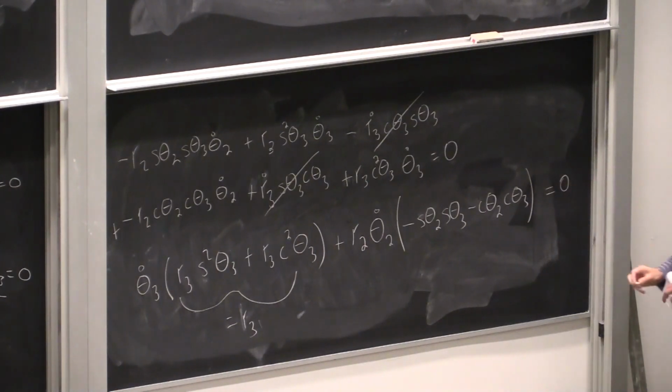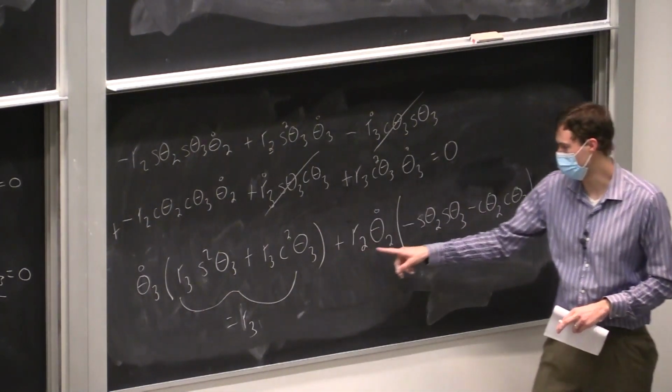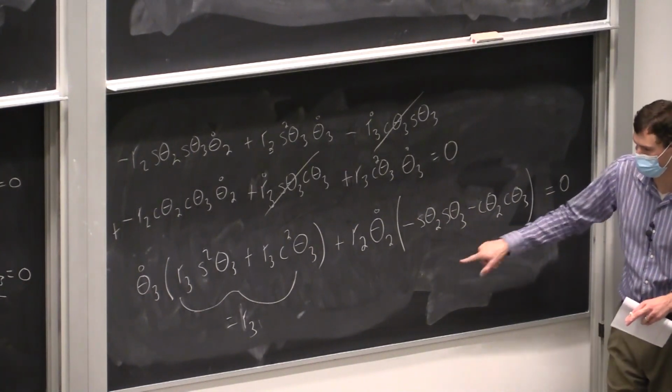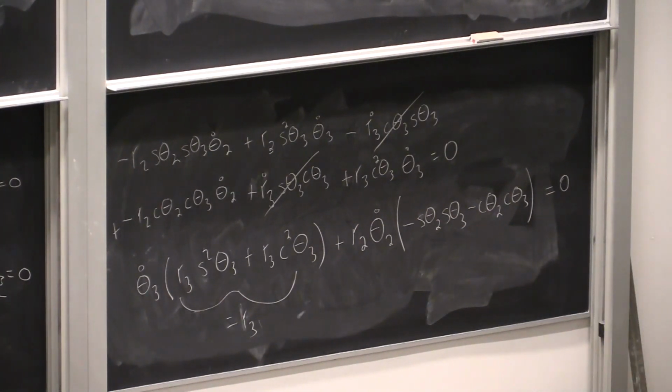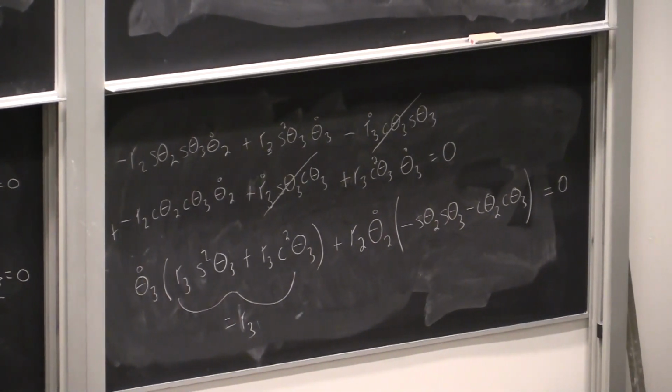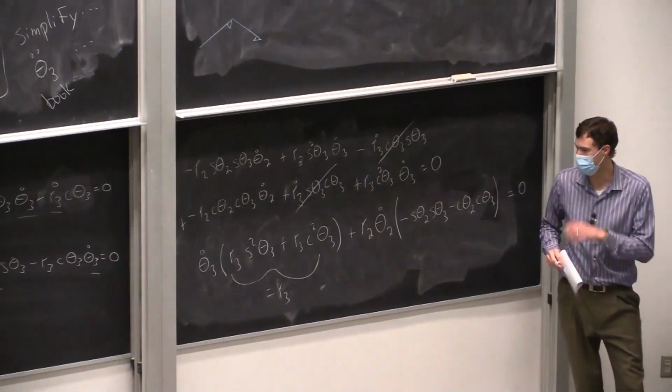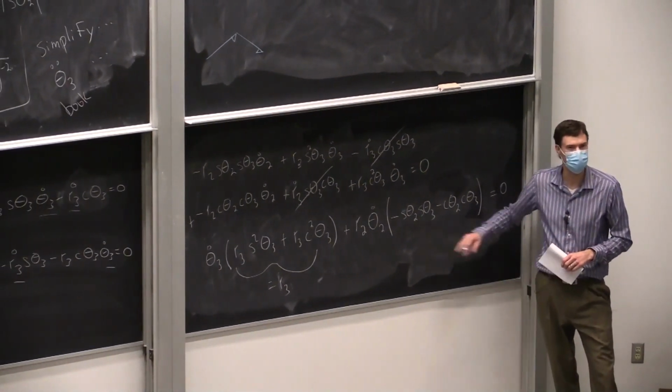And I think that's everything. Okay, so theta 3 dot will just be negative this term divided by R3, right? Just solving for theta 3 dot. My board's out of space, so I'll just leave it for you. You can add that last step to your notes.